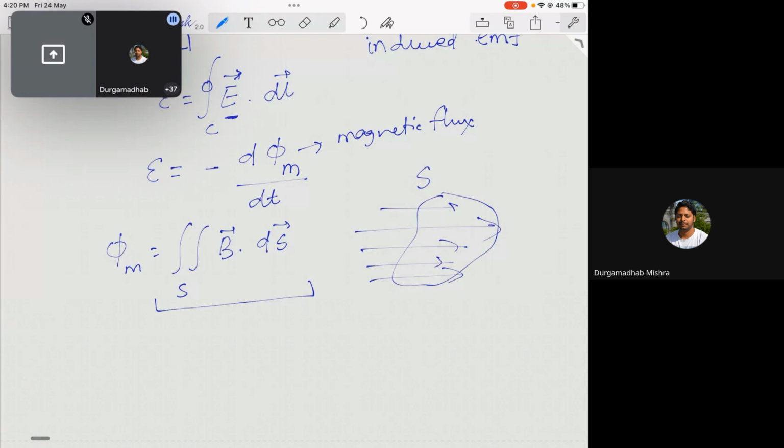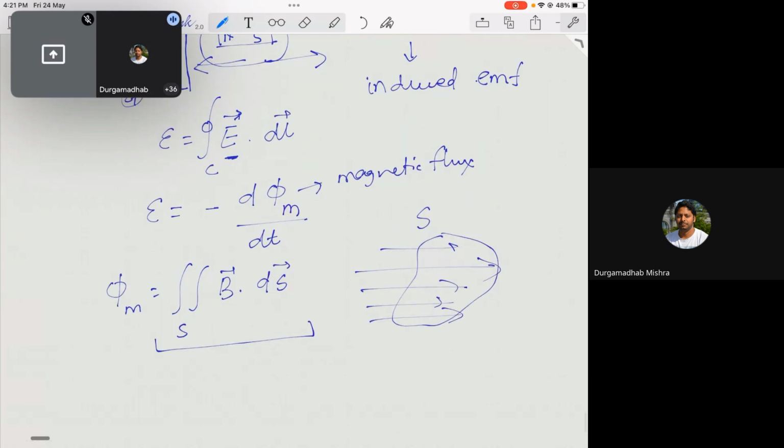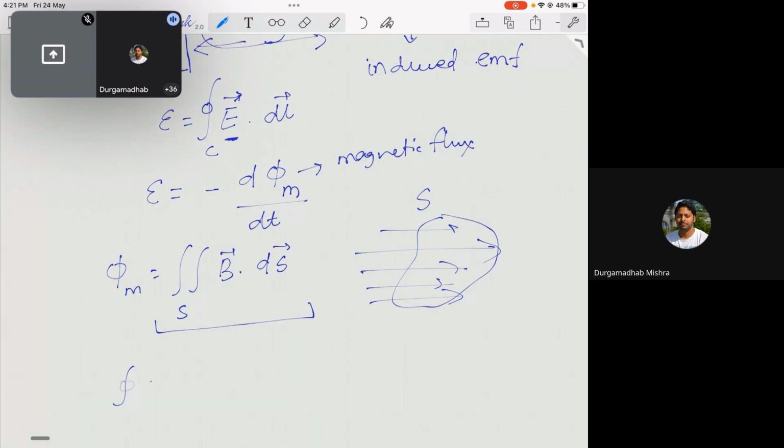Now if I equate these two relations, the induced EMF is the closed-loop integral of E dot dl, and that will be equal to minus d by dt of the flux, and the flux is given by the surface integral of B dot ds.